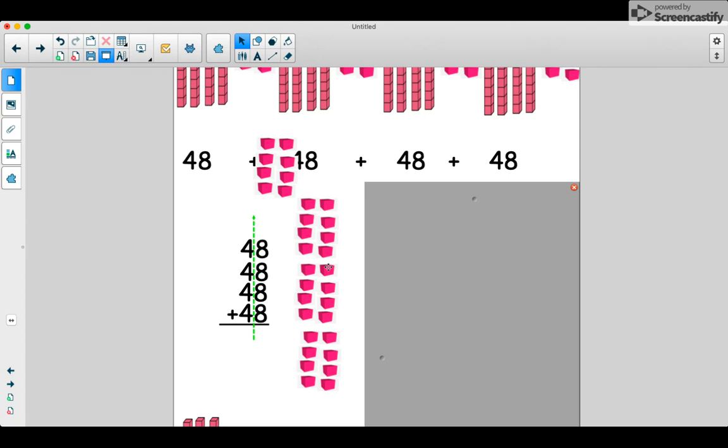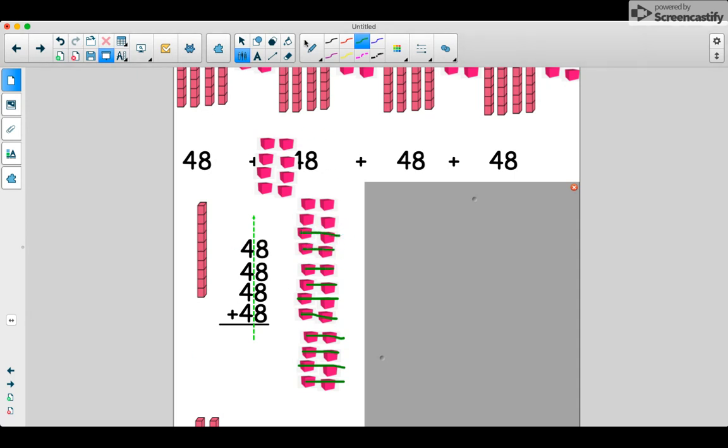As you can see, this starts to get a little overwhelming because now we have so many ones that we have to deal with. So we would have to right away say, well, I can only put 1 digit in my ones column, so every time I have a 10, I've got to trade it in. So I would say 1, 2, 3, 4, 5, 6, 7, 8, 9, 10. Oh, there's one group of 10. And then again, 1 through 10.